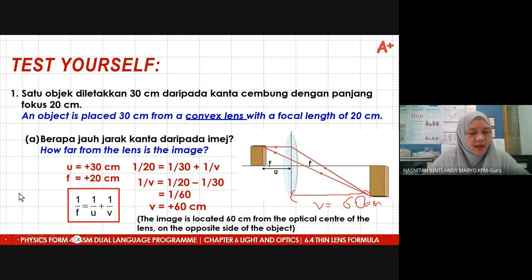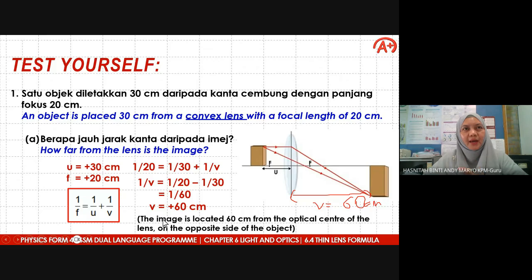Question 3A1 on page 140 in your workbook. So the image distance is 60 centimeter. Second question, they ask what is the linear magnification? So can you find linear magnification? Remember the formula, linear magnification M equals V over U.